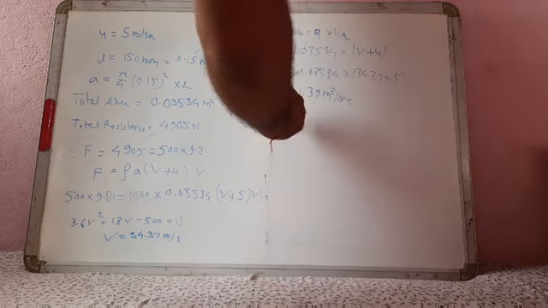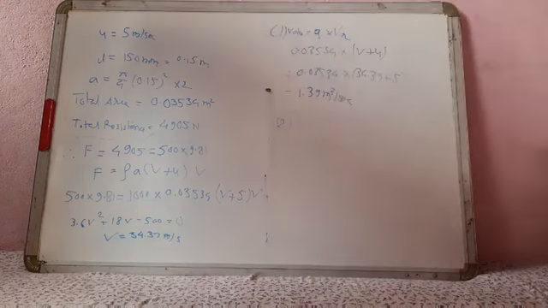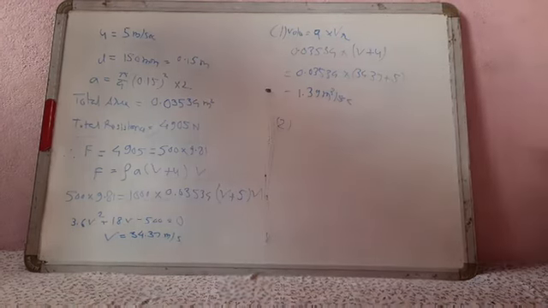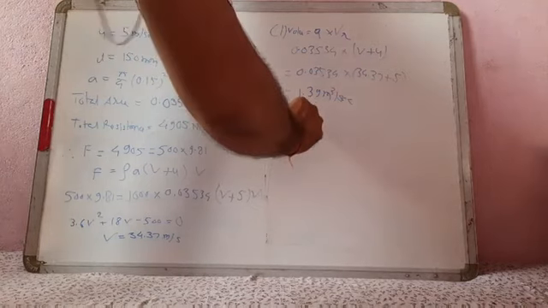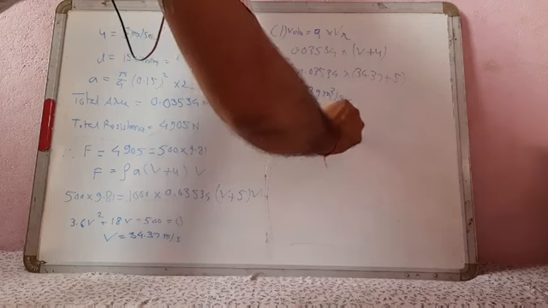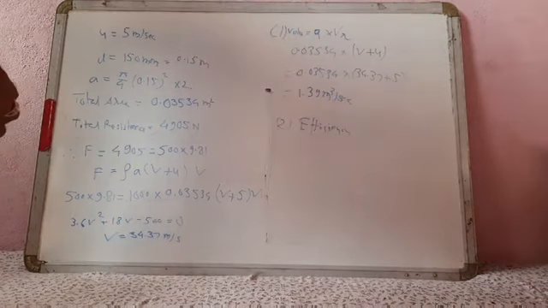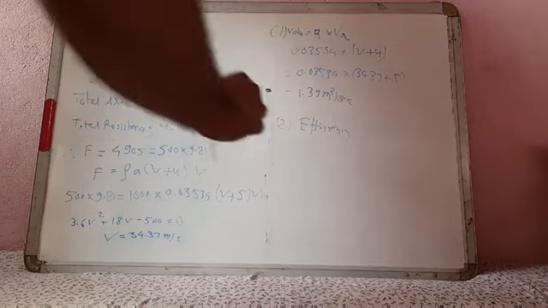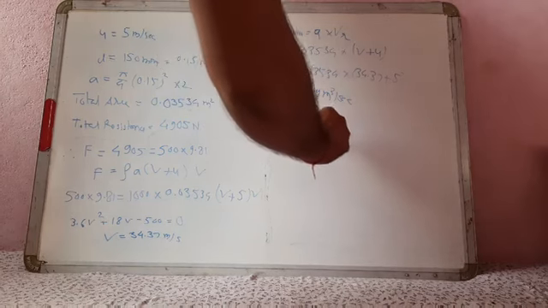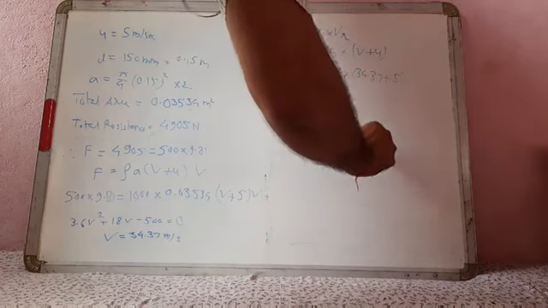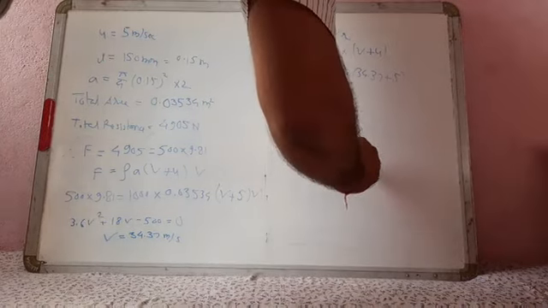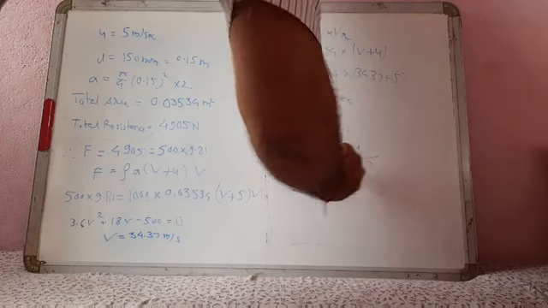And now we have to calculate the efficiency of the jet propulsion. Efficiency of the jet propulsion is given by eta equal to 2VU divided by (V plus U) square.